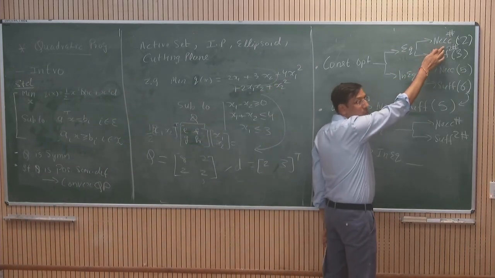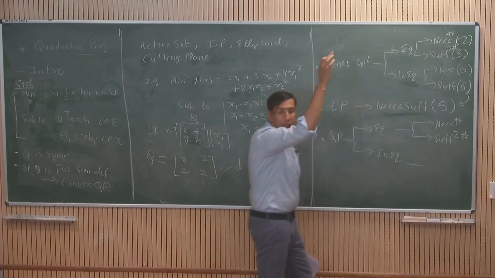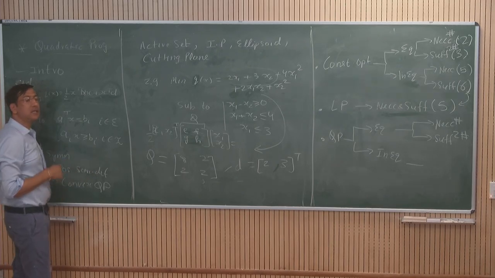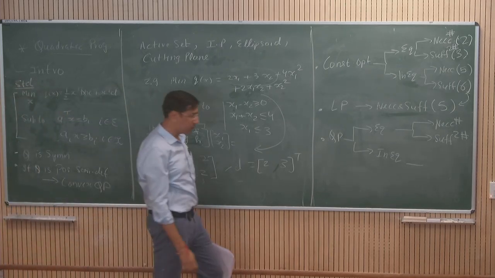Alright. So now let's jump to this. We're going to start with this condition, exploit the objective function and the constraints like this, and see what better conditions we get. Okay, so that is where we're going.